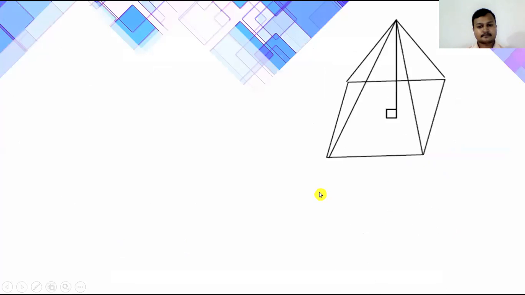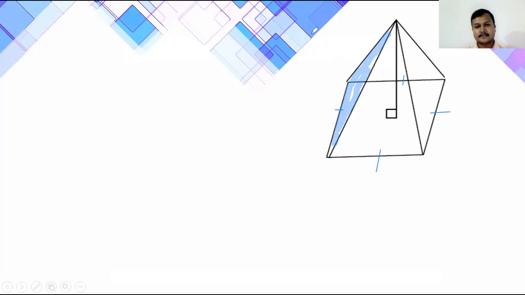Next one, pyramid, square based pyramid. Here we are going to talk about the square based pyramid only, especially where the base is a square. Let me show its lateral surface area to you clearly. Lateral surface area means there is one triangle here. This is one lateral surface.